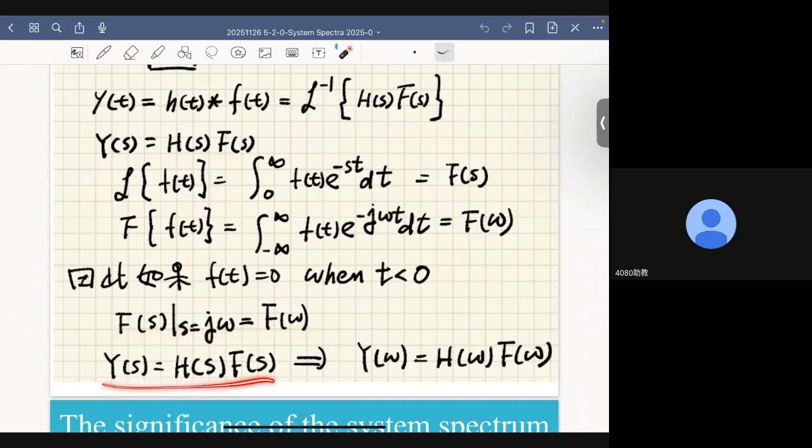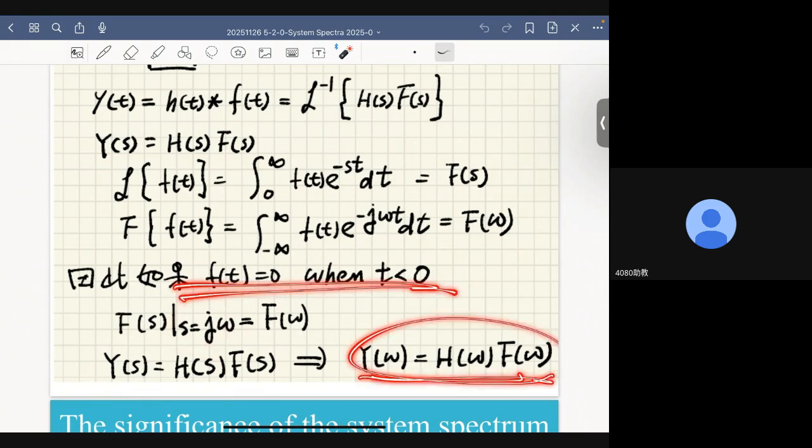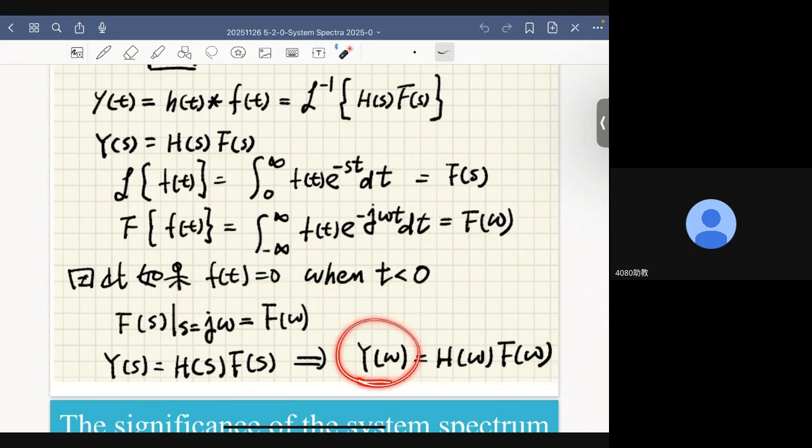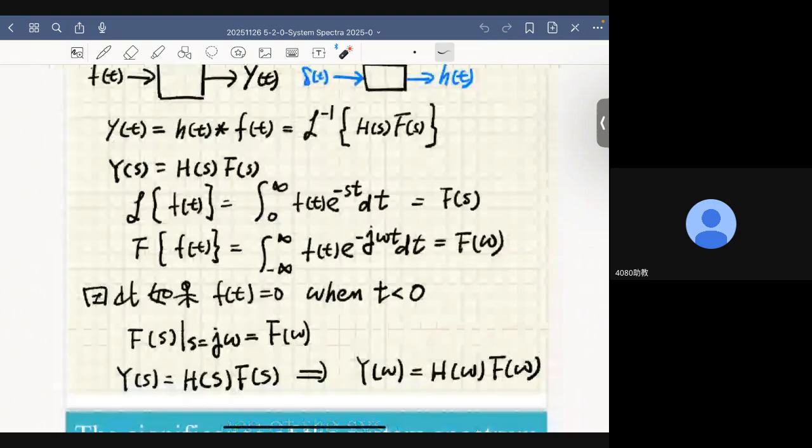So by replacing s with jω, and by assuming I have a causal input, I actually have this equality. That is Y(ω), the Fourier transform of the output, is actually the product of the transfer function in the frequency domain and the Fourier transform of the input signal.